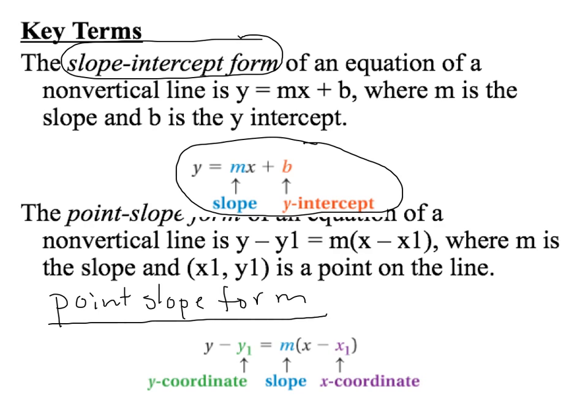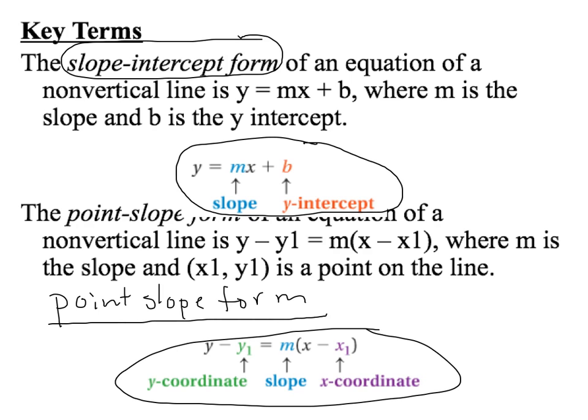So that's this equation right here. You're going to have y minus y1 equals m, in parentheses, x minus x1. Now for both of these equations, my x and y with no subscript, I always say it as x and y.